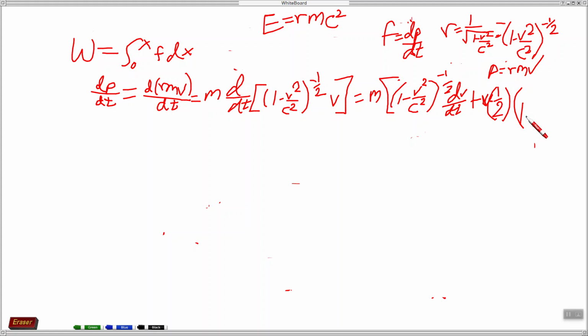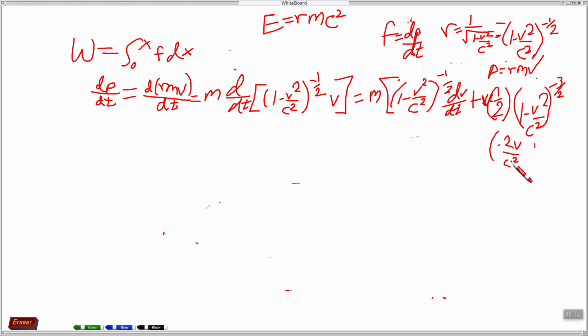So we're still going to keep the 1 minus v squared over c squared, and negative 1/2 minus 1 is negative 3 over 2, times the inside part because of the chain rule, so that times negative 2v over c squared.